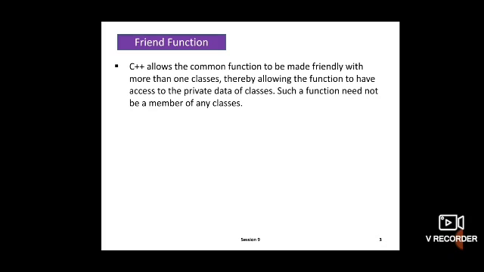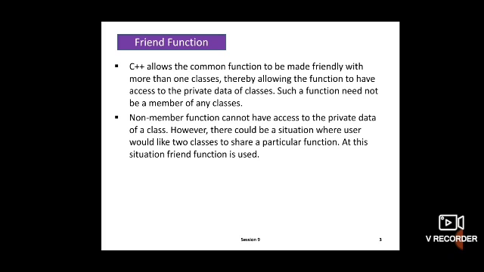Such a function need not be a member of any class. When a friend function is declared, that function is not a member function. Another thing is that the data need not be private or public; a friend function can access any type of data, private or public.